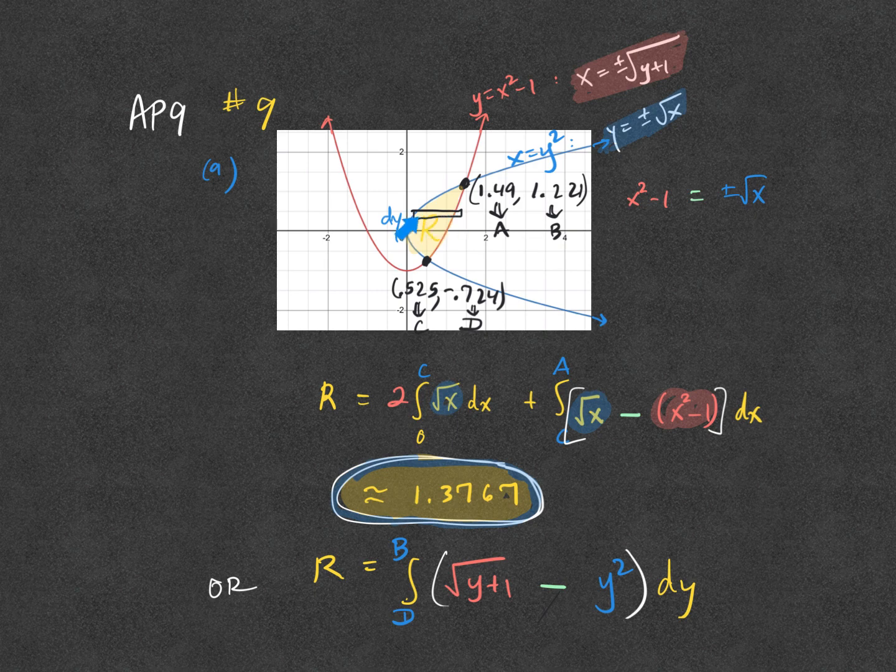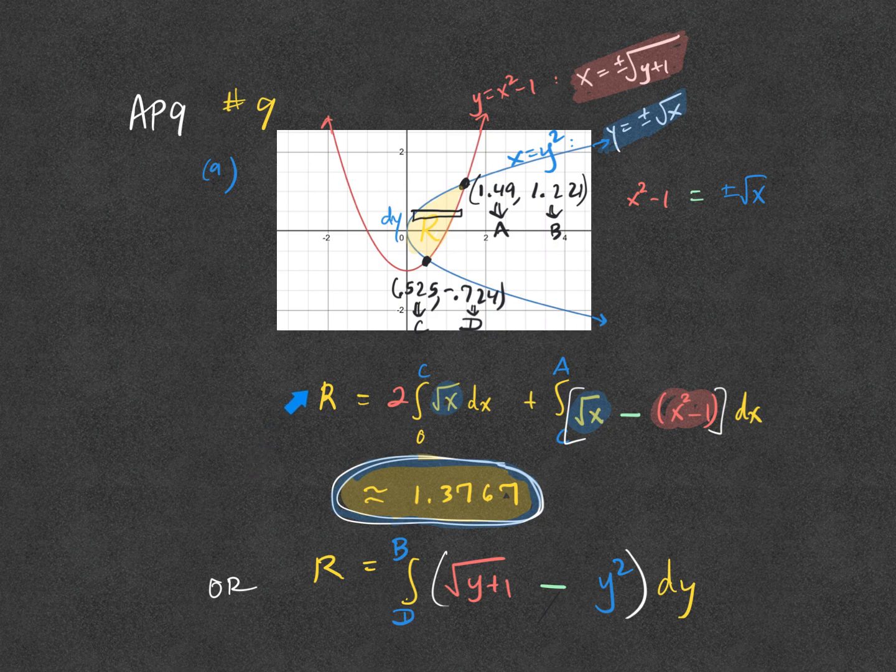This x value minus this x value will be the length of the rectangle, which is the red x value, square root of y plus 1, minus the blue x value, which is y squared. There it is. Seems a bit easier, and it gives the same answer.